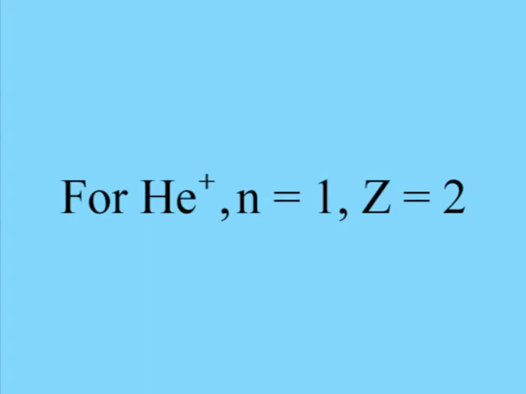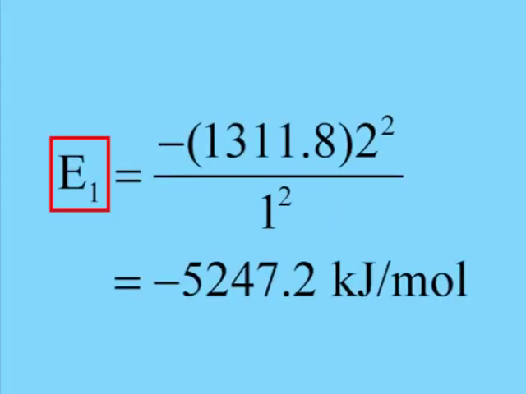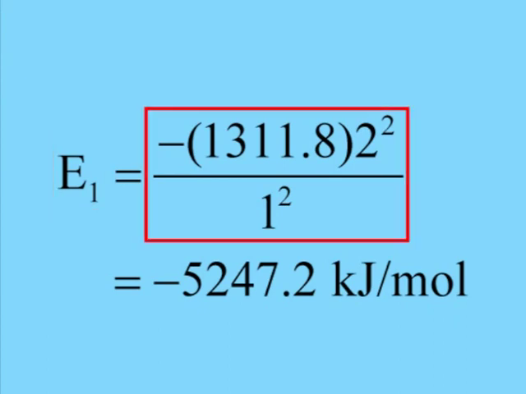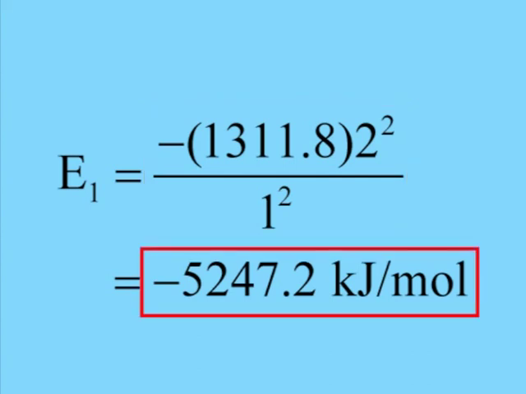For monopositive helium ion, n is equal to 1, Z is equal to 2. E1 is equal to minus 1311.8 into 2 square upon 1 square kilojoules per mole. It is equal to minus 5247.2 kilojoules per mole.